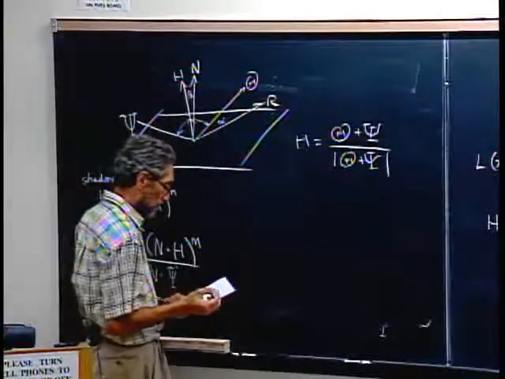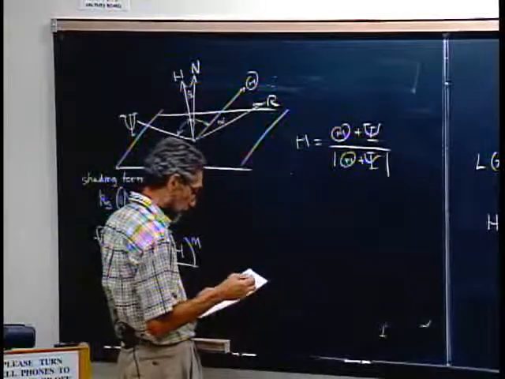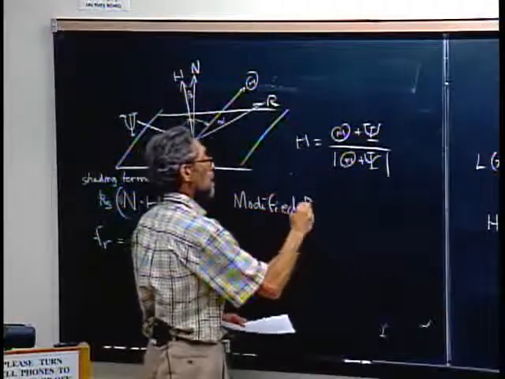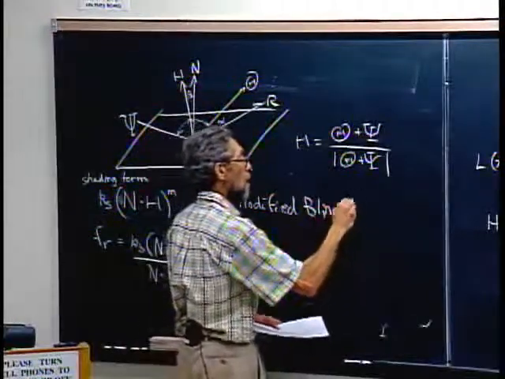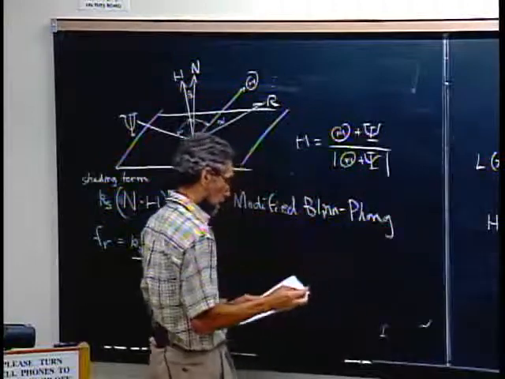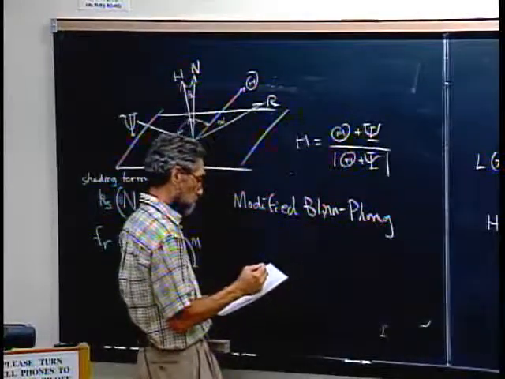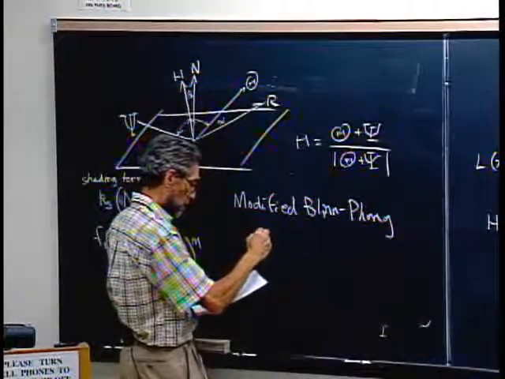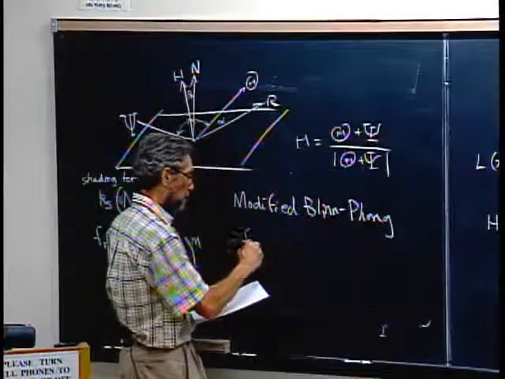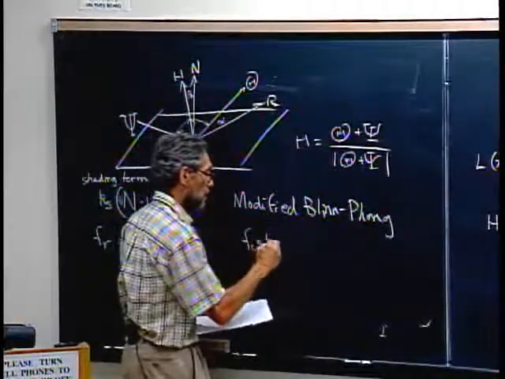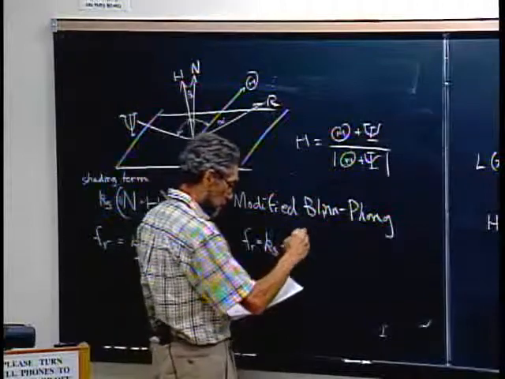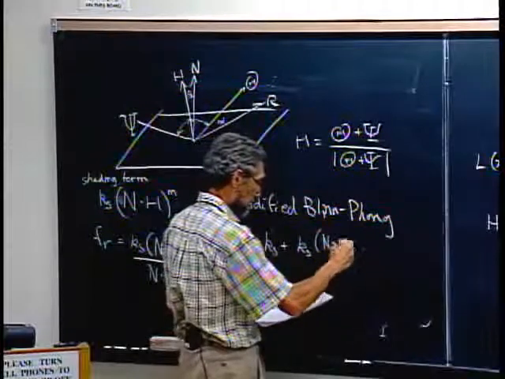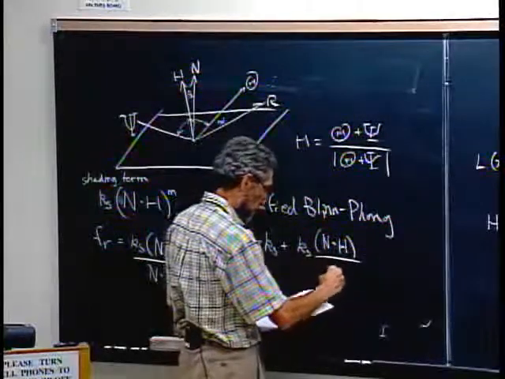So there is a modified Blinn-Phong model which adds the specular term. Here, why don't I write them both this time? It's Kd, the diffuse reflectivity, plus the specular reflectivity times n dot h over n dot psi.